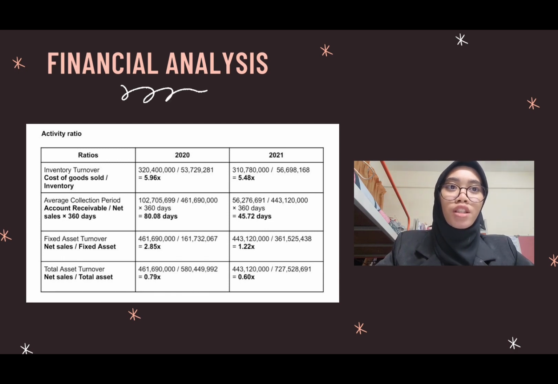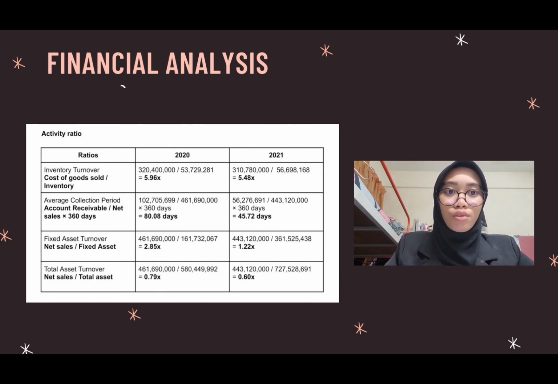Meanwhile, for the year 2021, 310,780,000 divided by 56,698,168 equals 5.48 times. Next, average collection period. For the average collection period, we take accounts receivable from our financial statement, divide by net sales, and multiply by 360 days.